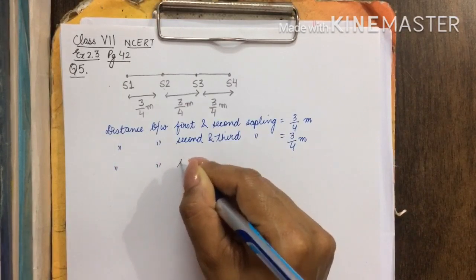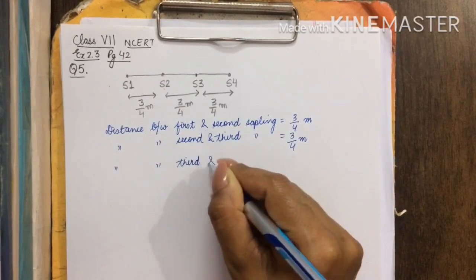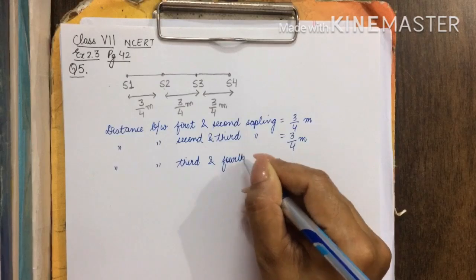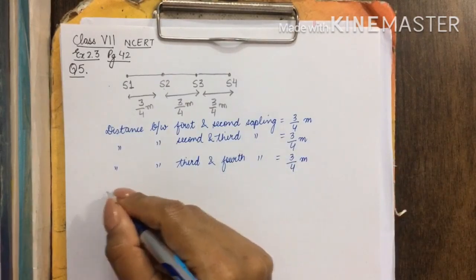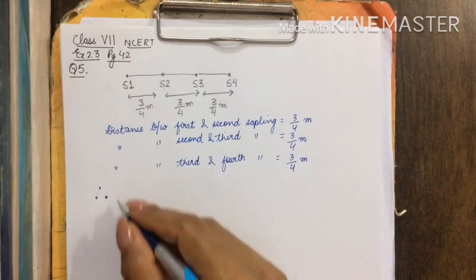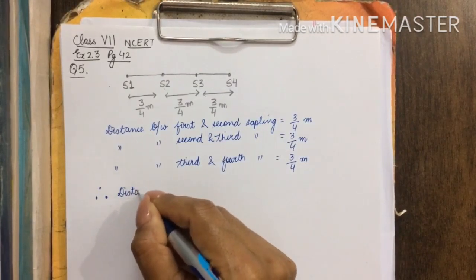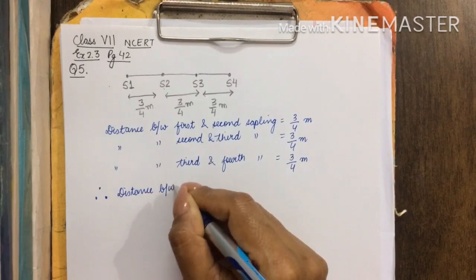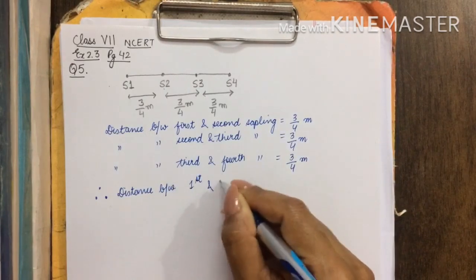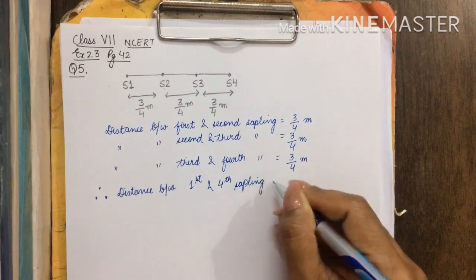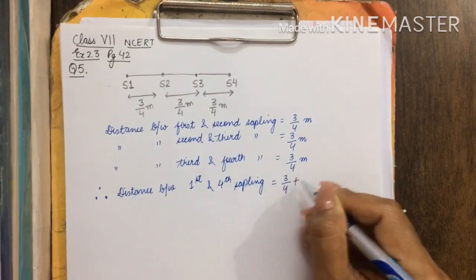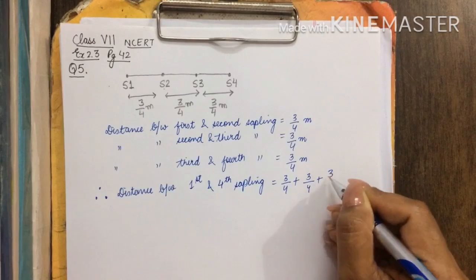Distance between third and 4th sapling is also 3 by 4 meters. So therefore distance between first and 4th sapling is 3 by 4 plus 3 by 4 plus 3 by 4.